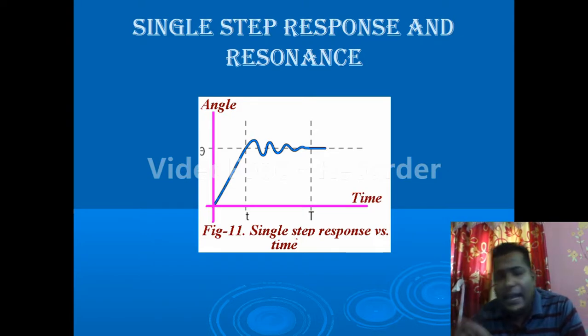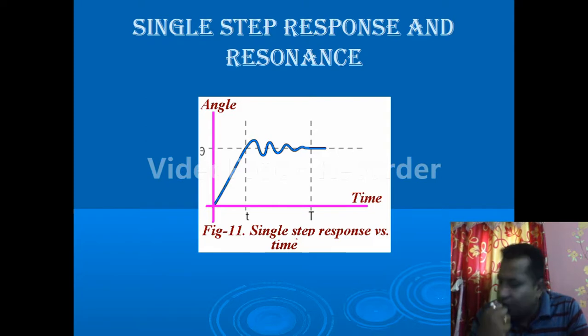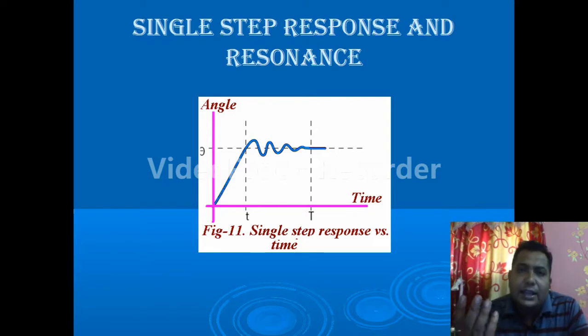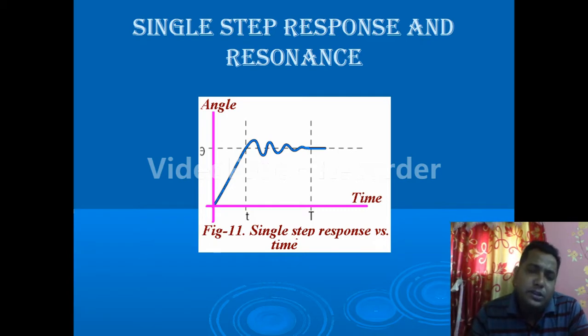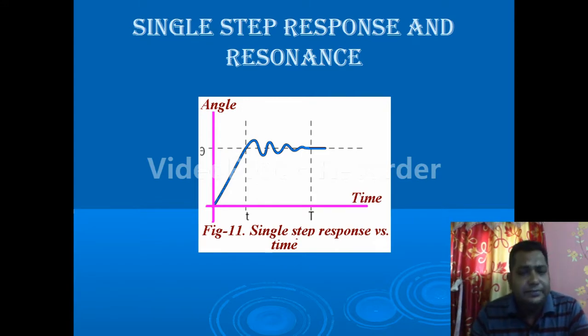Then when the torque value is decreasing, automatically the angle settles into a steady condition. That means there is no change of the angle even as time changes, and it has reached its resonance condition.